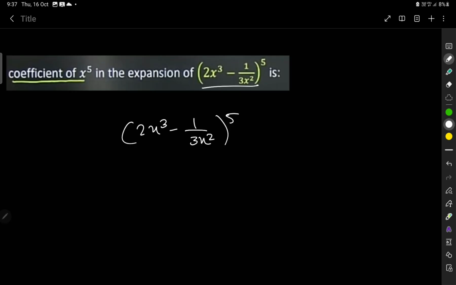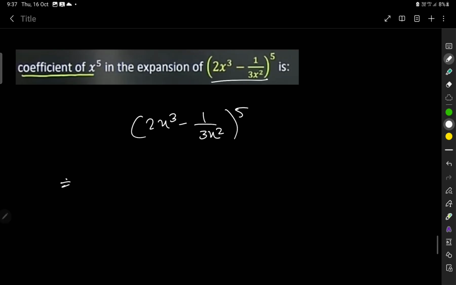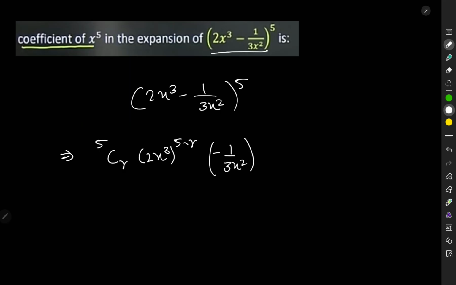So simply write its expansion, like a general term: 5Cr (2x^3)^(5−r) (−1/(3x^2))^r.